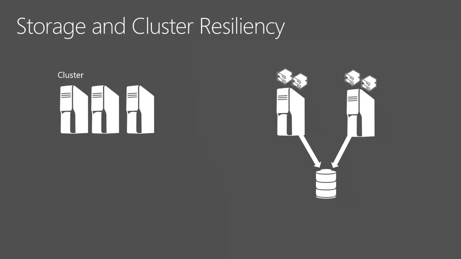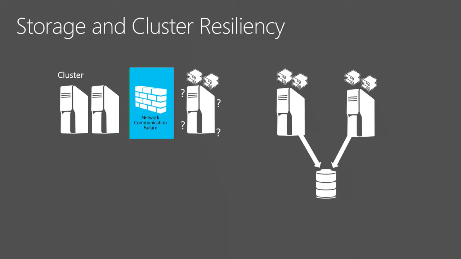So we hear reports from people where there are certain classes of hardware failures that cause clustering and Hyper-V to lose their minds in very bad ways. And the 2 ones that we've heard in particular, the first one is, what happens if I just have a transient network outage?